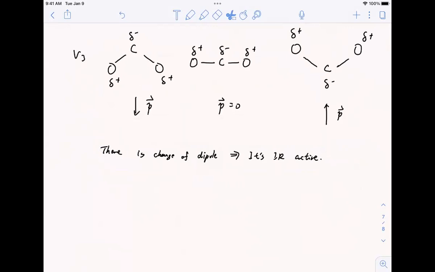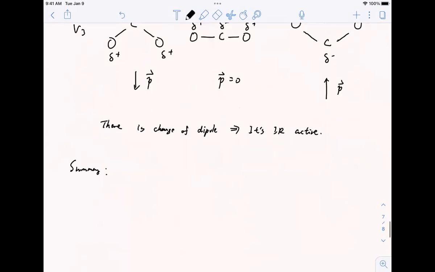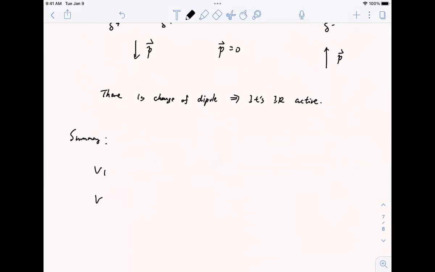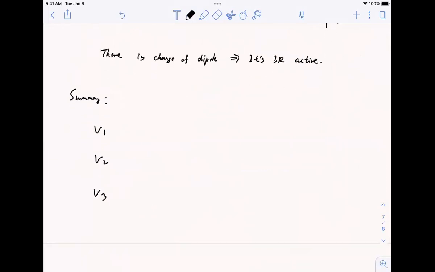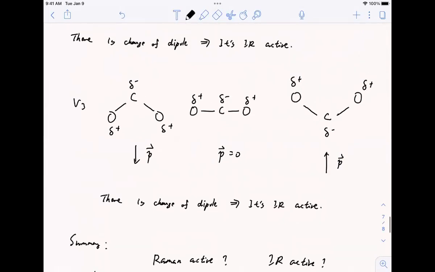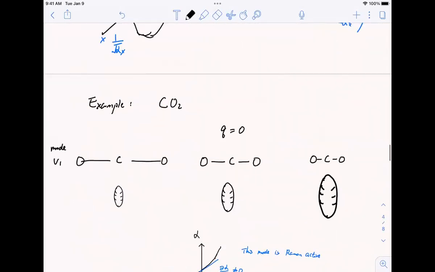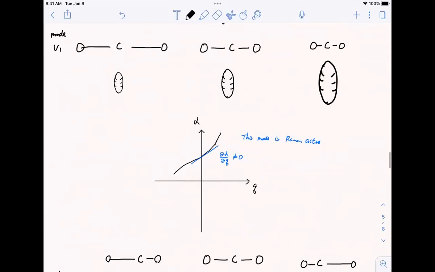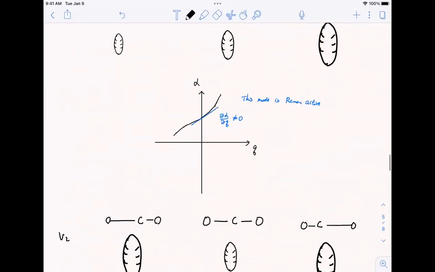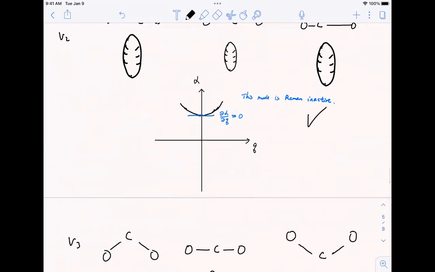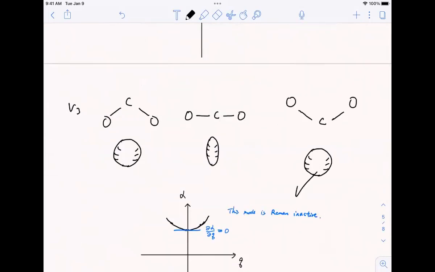Okay, so in summary, you have the V1, V2, V3 modes, Raman active and infrared active. For mode 1, let's review. Sorry, I keep going up and down. Mode 1 is Raman active. Okay. And mode 2 is Raman inactive. Raman inactive.